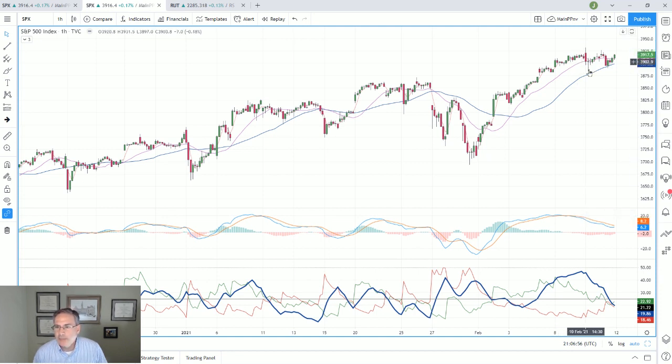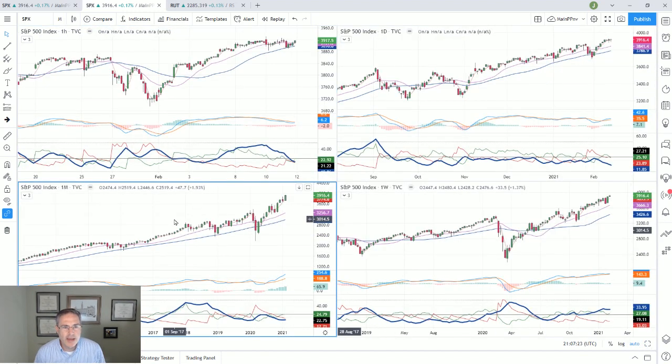But what's been taking place since has been more of a sideways situation rather than any kind of a break of the 40 or any real negative price action. Also, I want to point out the ADX was very strong into that rally. So this is not the type of divergence that really scares me. It's more of a pause in the trend, a pullback. It just got a little overheated.